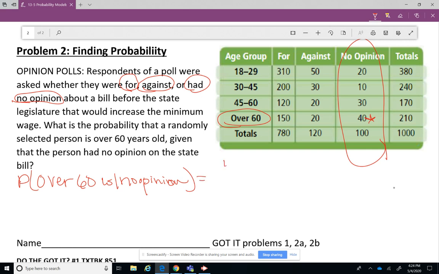It's going to be 40 out of the total number that didn't have an opinion, which is 100. Of course, you could reduce this like this. 2 goes into 2 and 2 goes into 5. And then we know that 2/5 is 40% or 0.4. So 40%. 40% of the people over 60 had no opinion.